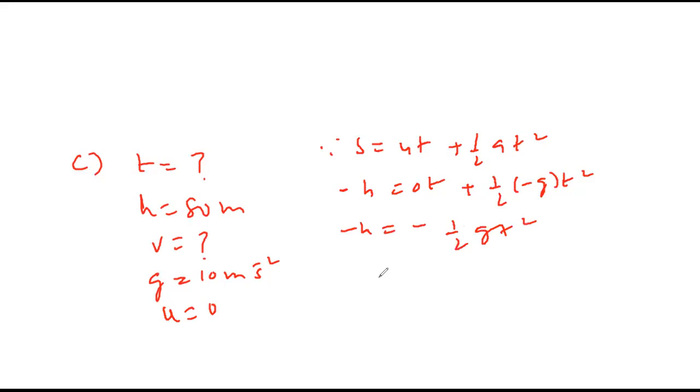We are not knowing v, so we can't use it. Sir, v we don't know, but the other 3 we know, so we can find v. But first I'm finding the time part.